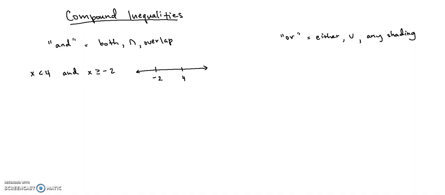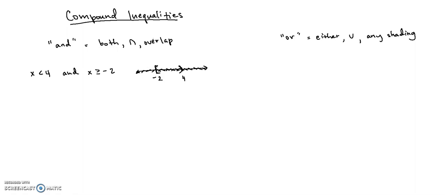We want to be less than 4 and it's not included, so less than 4 is going to go this way, and not included means that we have a round bracket facing that shading. Now greater than or equal to -2 means that we're going to shade this way, and we're going to have a square bracket because it is included.